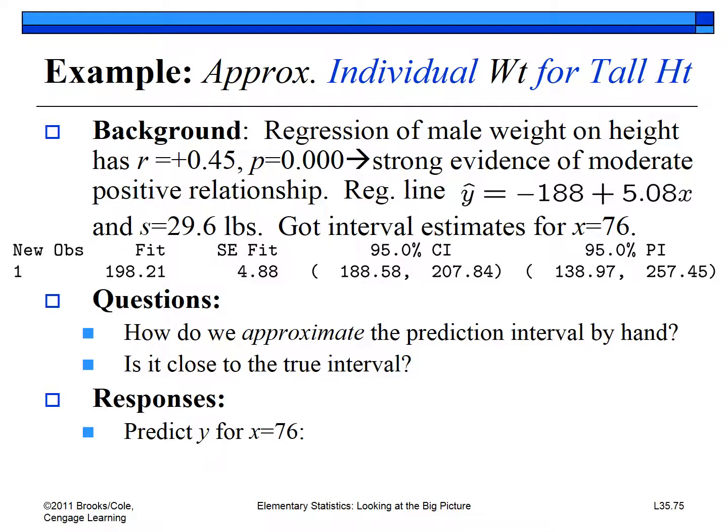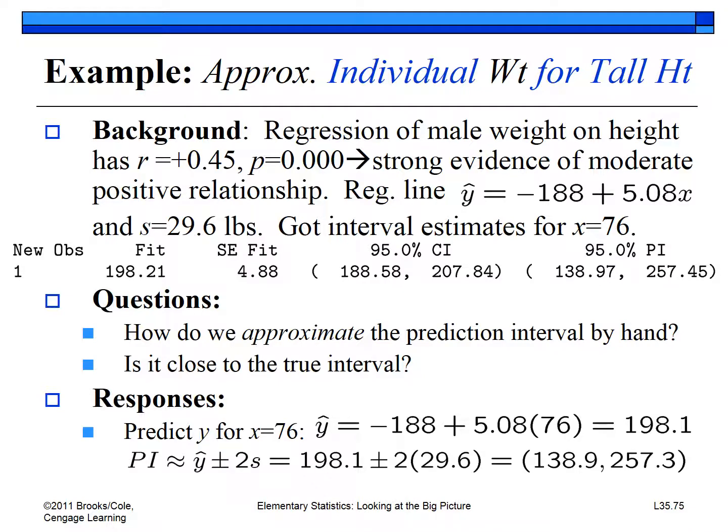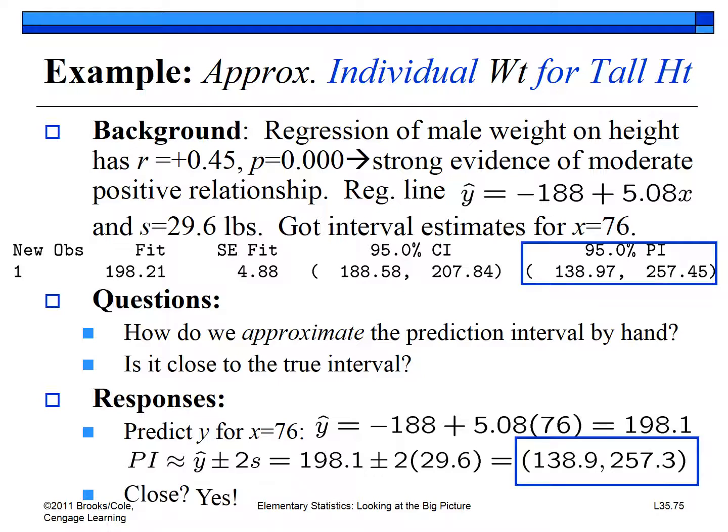Well, as before, we will find y hat, and we'll find that by plugging in 76. That'll give us the center of our interval, 198.1. From there, we'll add and subtract two standard errors. That's the typical residual size. And we get 138.9 to 257.3. And sure enough, those are real close to the actual value given by the software.